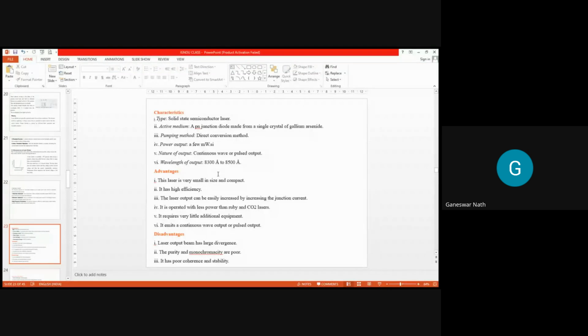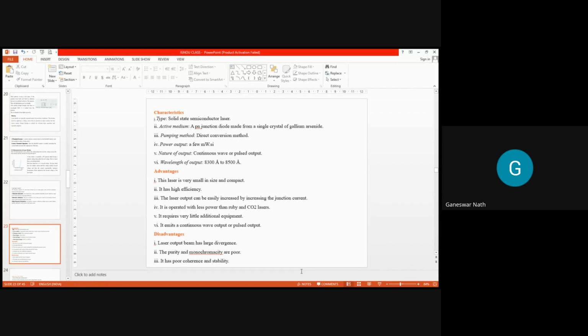But this output beam has a divergence, and the purity and monochromaticity are very poor. As I just told you, it is associated with different frequencies and wavelengths, so it does not give a monochromatic condition, and it has poor coherence and stability. That means the phase of the particles is not maintained throughout the propagation of the light.